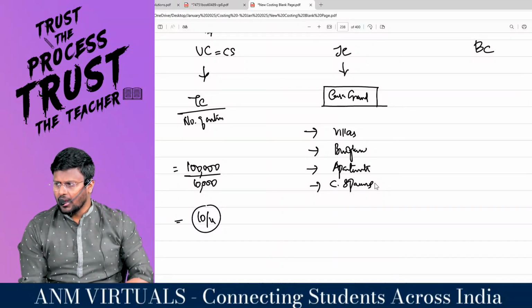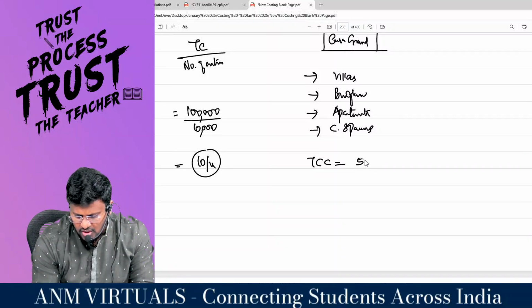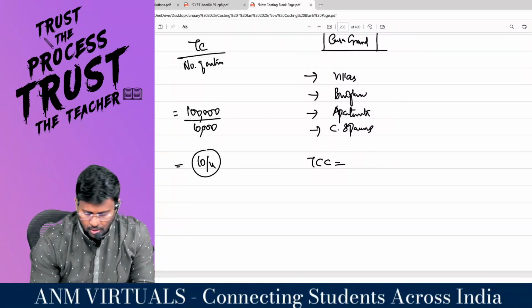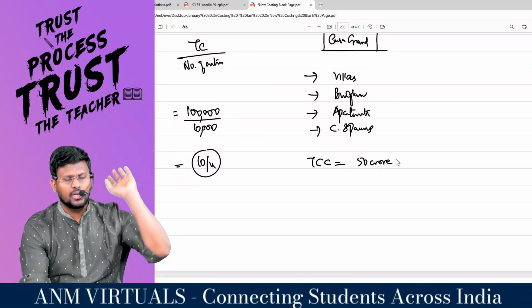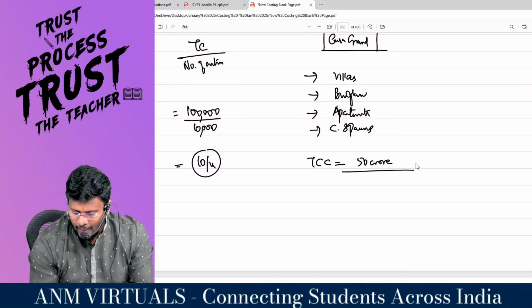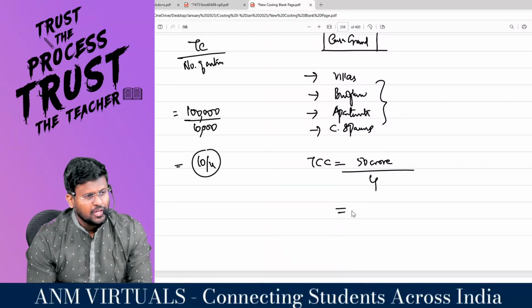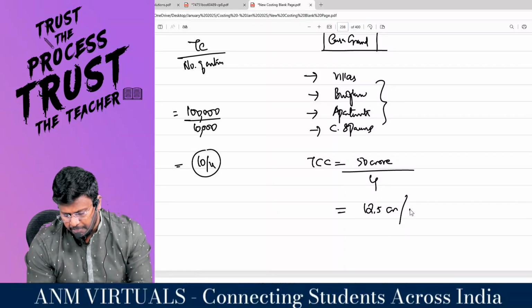For example, my dear students, their total construction cost comes to 5 crores. We'll take more, let it be 50 crore. They have constructed 50 crore in total, divided by how many items? 4 items. That means 50 crore divided by 4 comes to 12.5 crores per item.